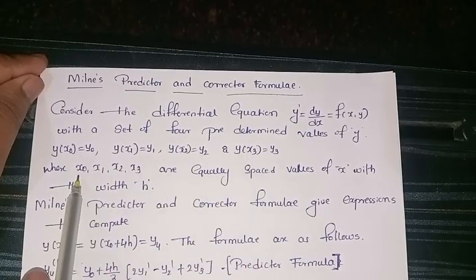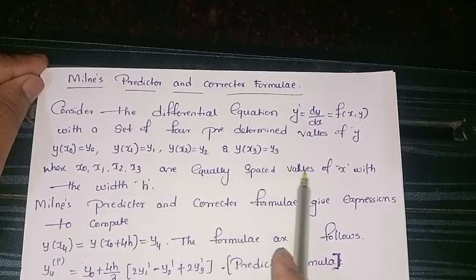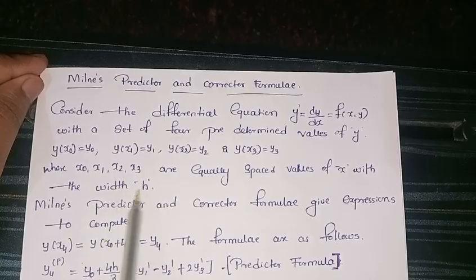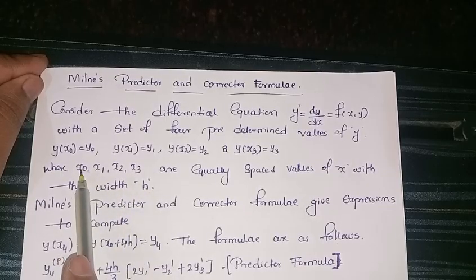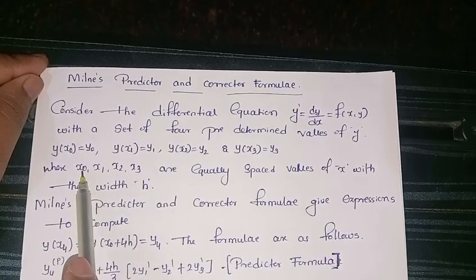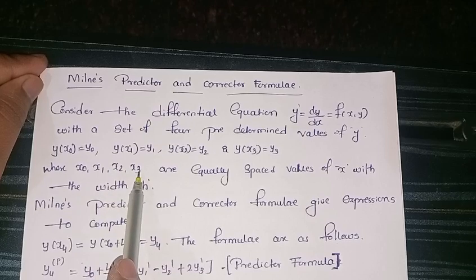Here x0, x1, x2, x3 are all equally spaced values of x with h, meaning this h is called the width or length of the interval. h indicates the distance between x0 and x1, x1 and x2, x2 and x3.